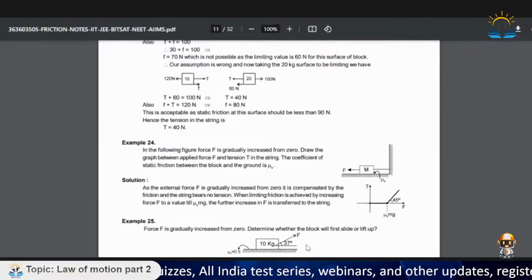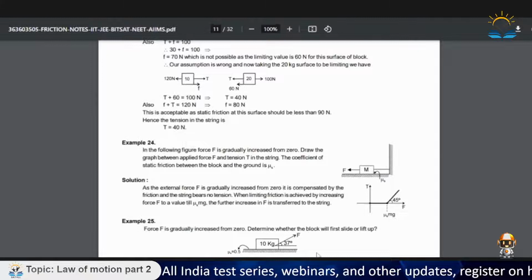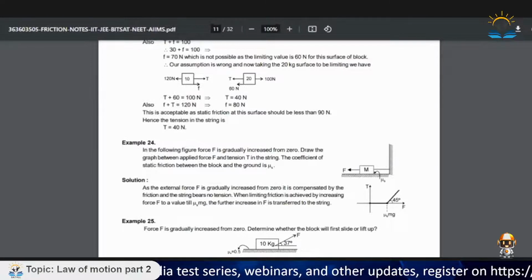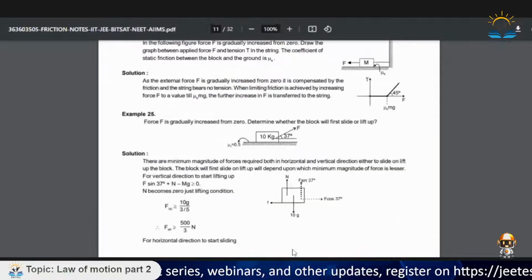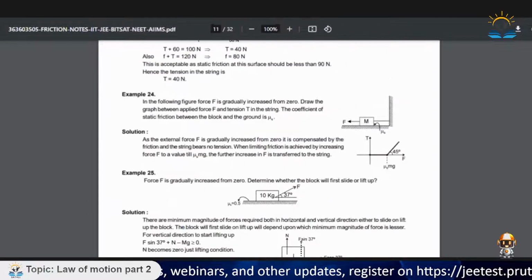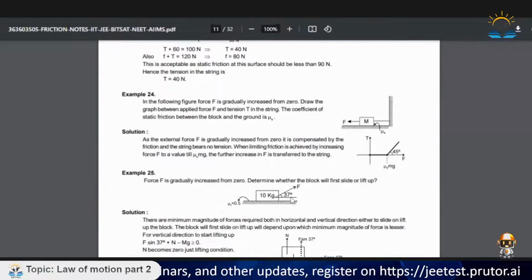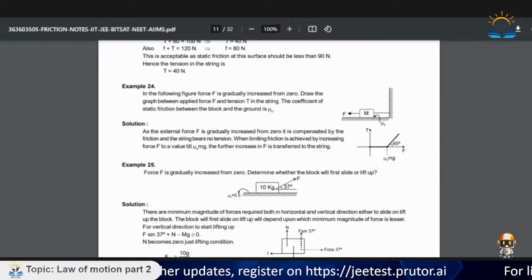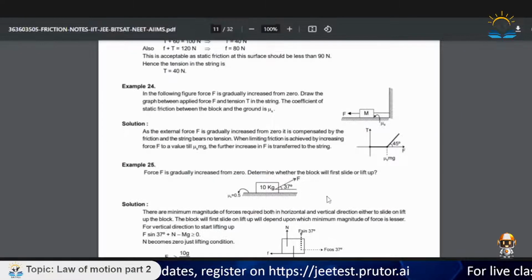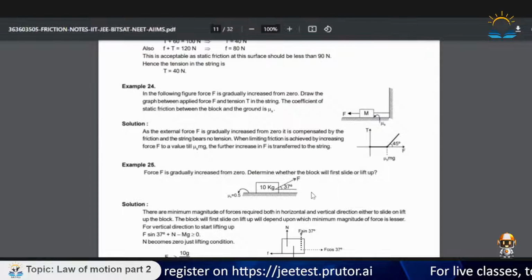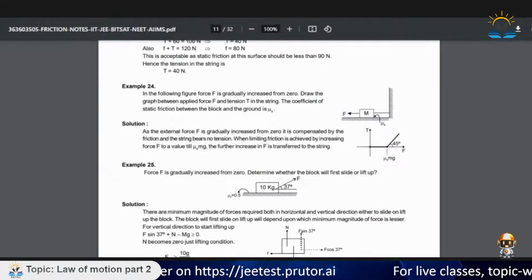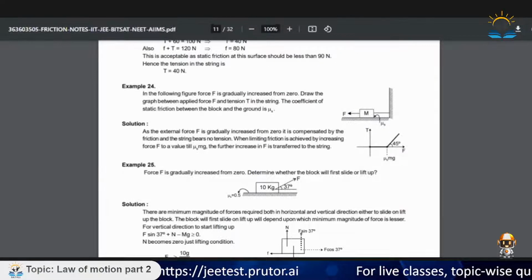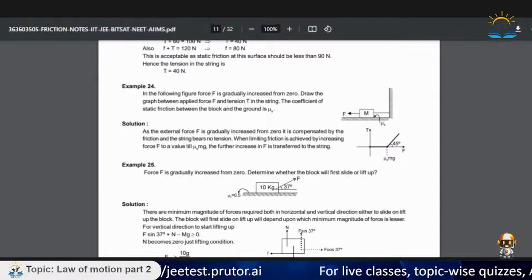Since F cos 37 is 500 by 3 into 4 by 5, it would be 400 by 3 newtons.